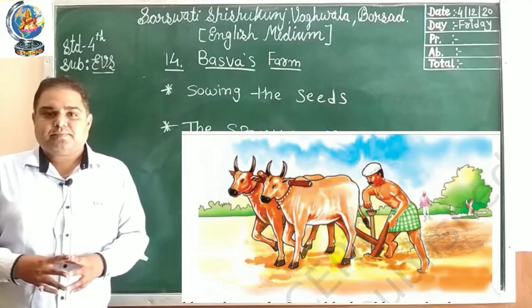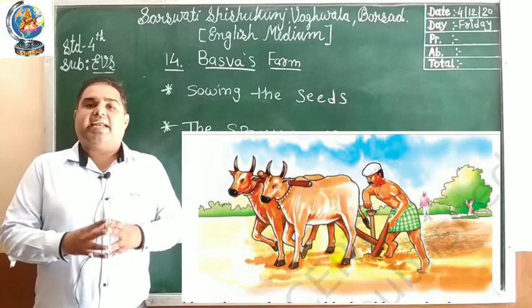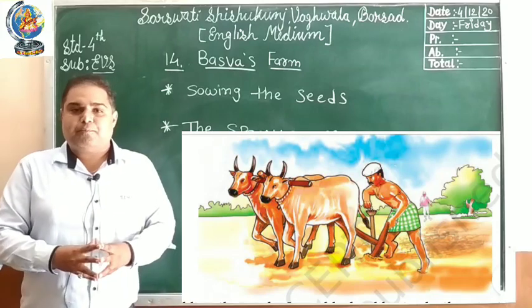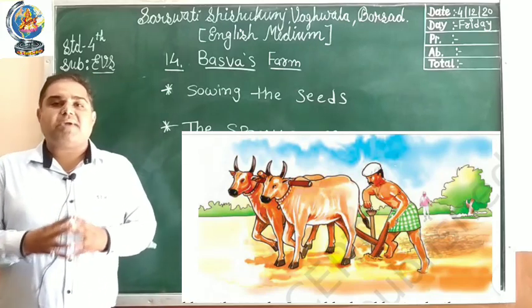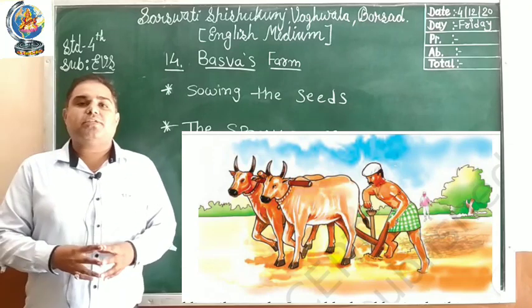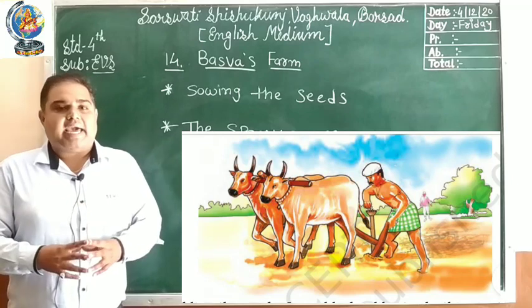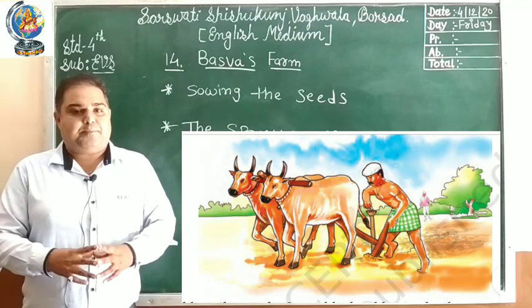Students, as you know, bullocks are pulling the plow, and Appa, means father, will walk behind them. So students, who is pulling the plow? The bullocks, and his father is walking behind them.